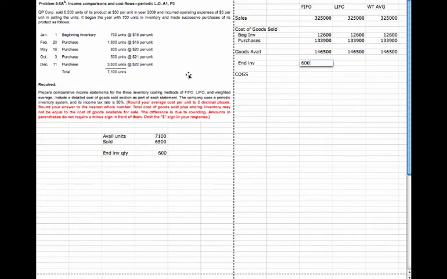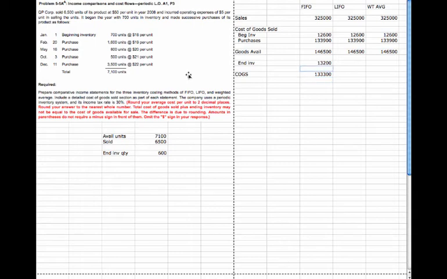So 600 times $22 per unit gives me an ending inventory of $13,200. Now I can figure out my cost of goods sold by taking my goods available and subtracting out my ending inventory.